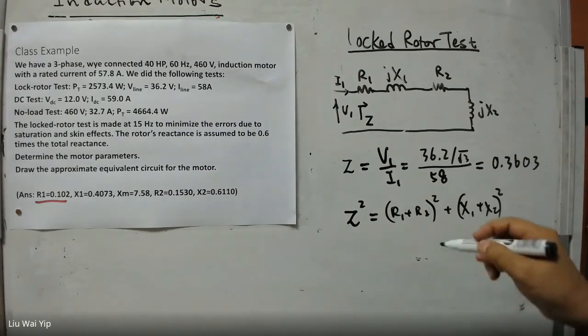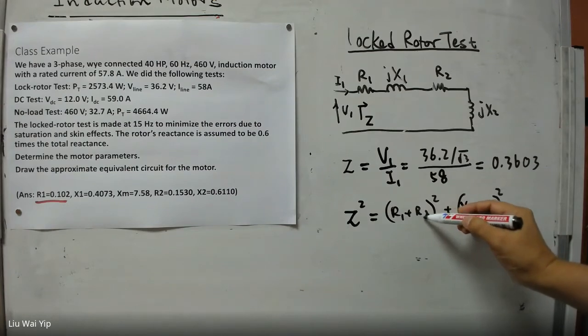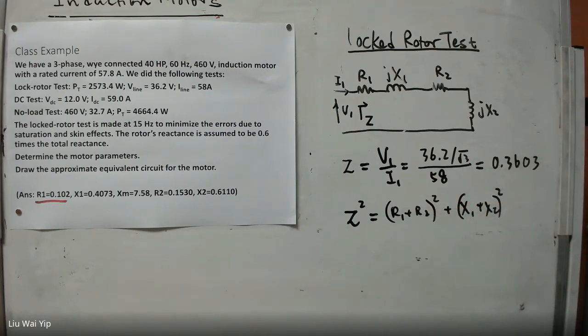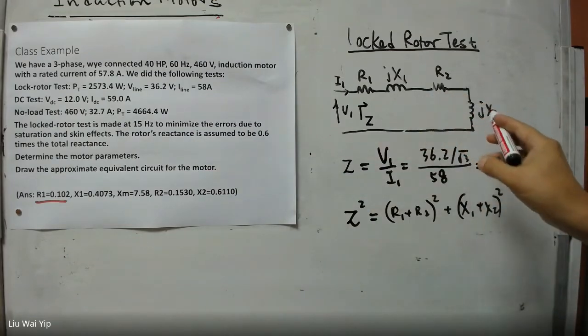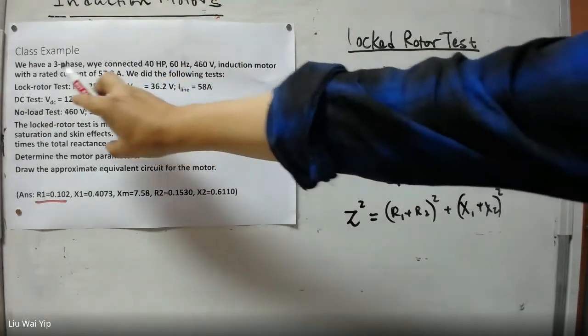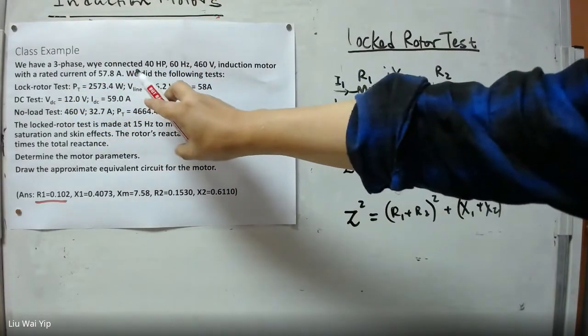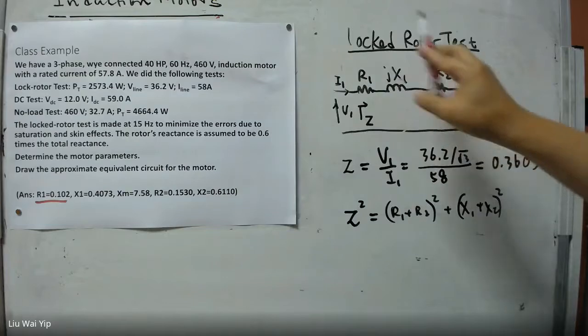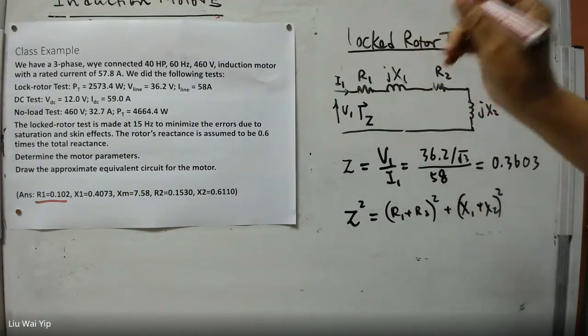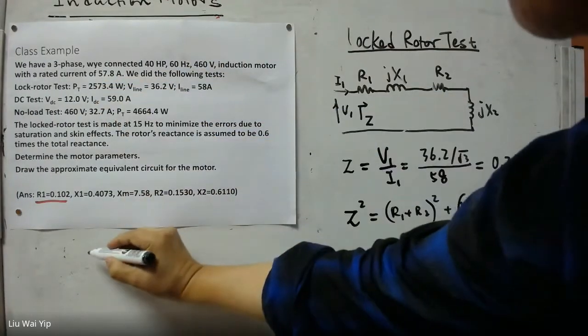So we still need to find R2 in order to solve this question. So what we can do is to calculate R2, based on the power and the line current, and we find the total resistance.